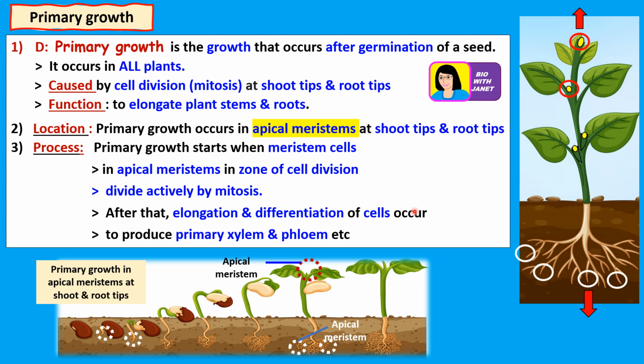And when differentiation occurs, it means that the matured cells will carry out changes in shape and structure so that they can carry out their specific functions more efficiently. Okay, so differentiation of cells will cause the production of primary xylem and phloem during primary growth.